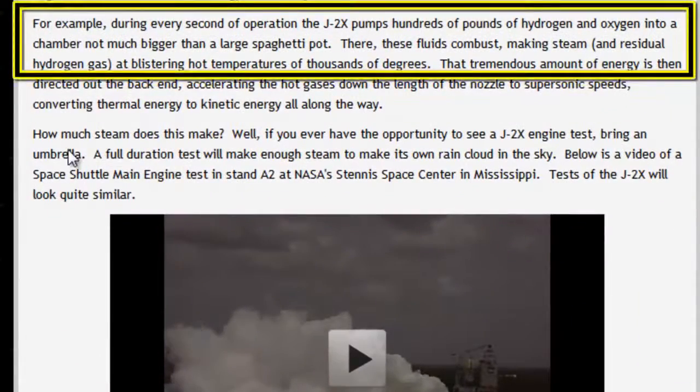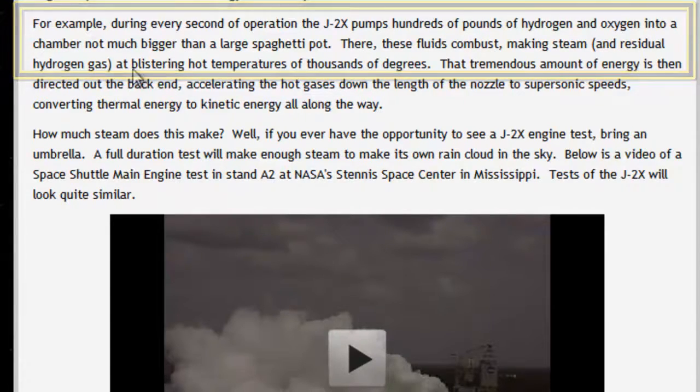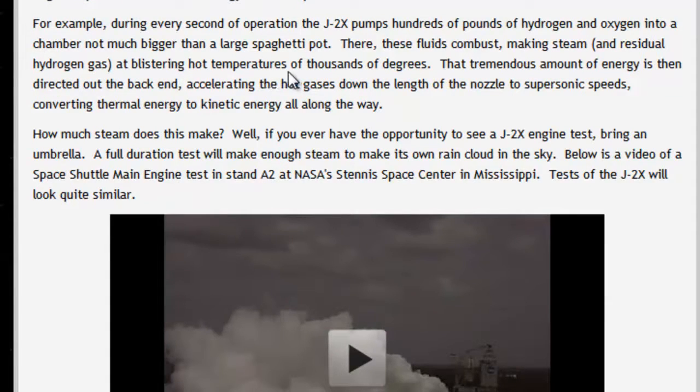Every second of operation, the J2X pumps hundreds of pounds of hydrogen and oxygen, that's H2O, into a chamber not much bigger than a large spaghetti pot. There, these fluids combust, making steam, a residual hydrogen gas, at blistering hot temperatures of thousands of degrees.